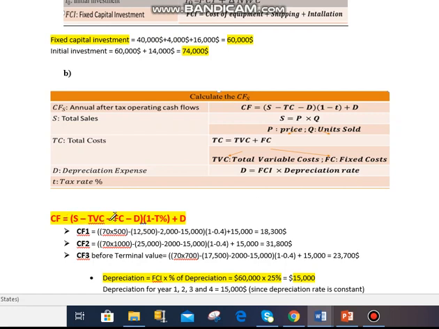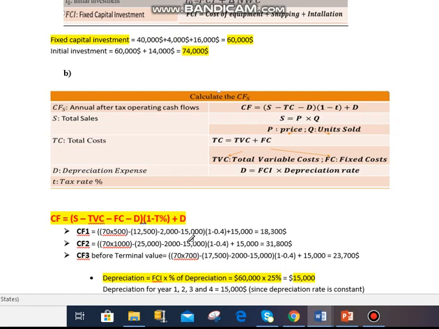So if we want to apply this formula according to the given data, cash flow 1 will be equal to, first the sales, which is the price of $70 times the quantity sold, 500, minus the total variable cost of 12,500, minus the fixed cost, which is 2,000, minus the depreciation.